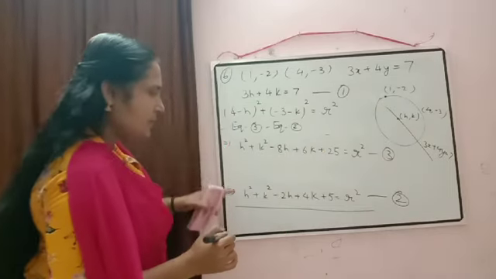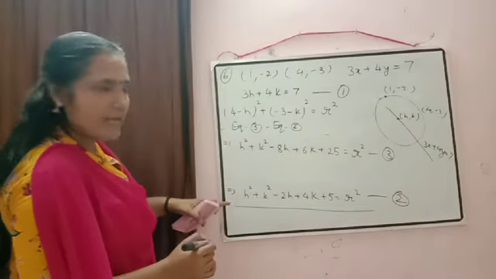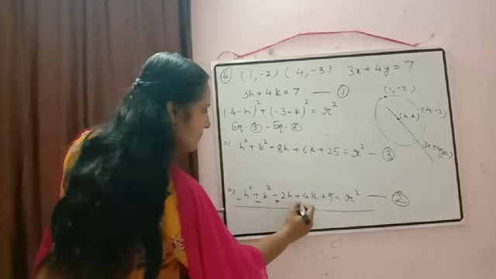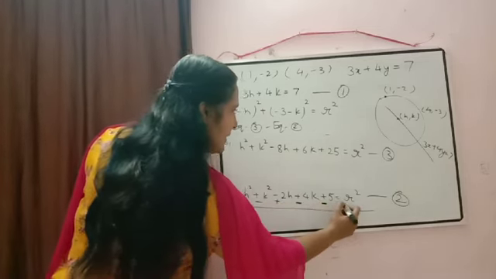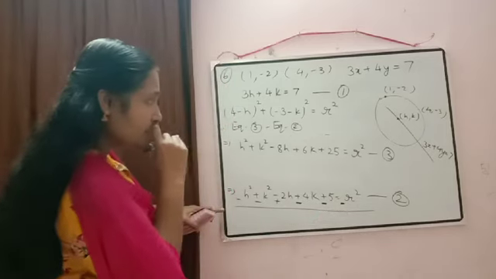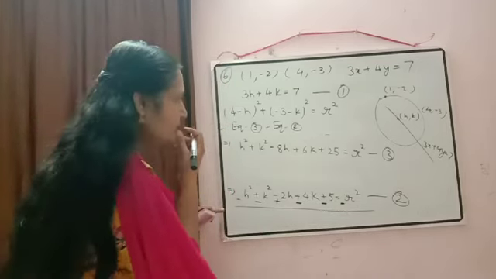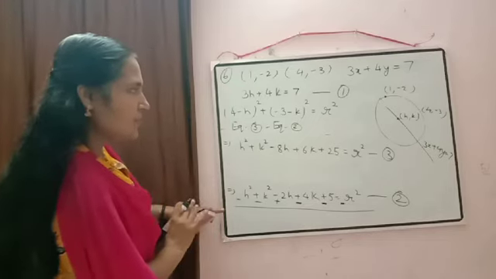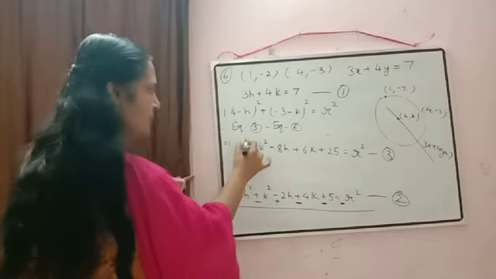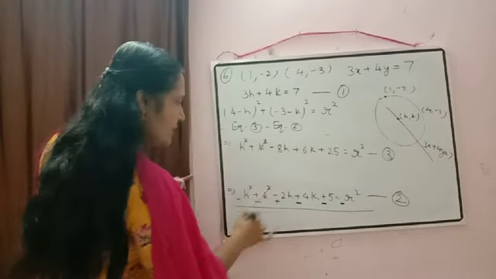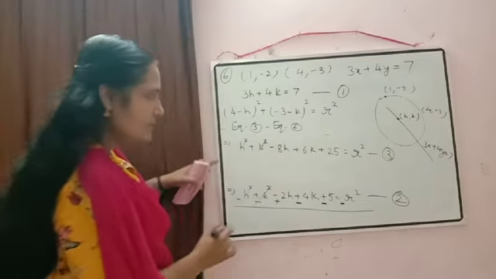When we are doing the subtraction, we have to change the signs. So here the sign will change. Minus, minus becomes plus. Equation 3 minus equation 2. Now let's see what will come. H square and minus h square cancel. K square and minus k square cancel.